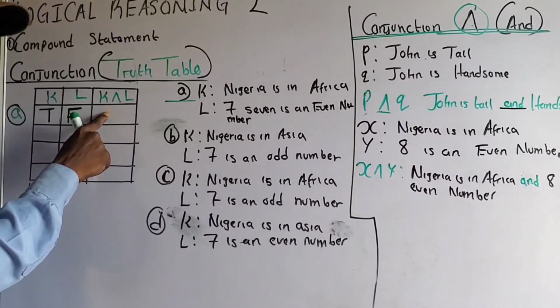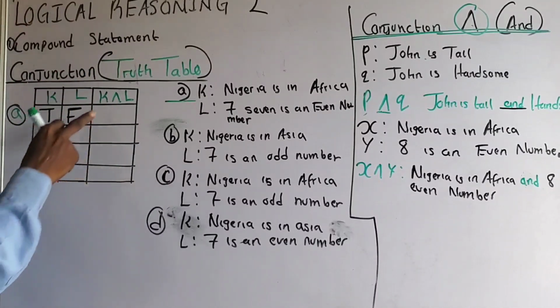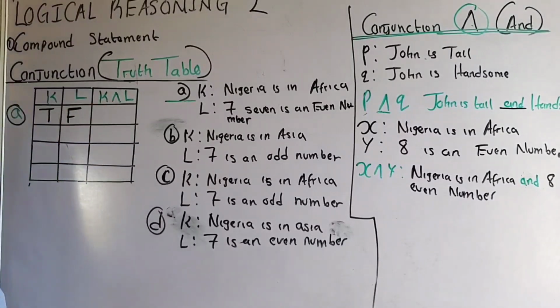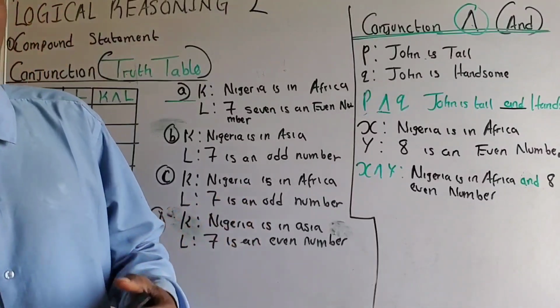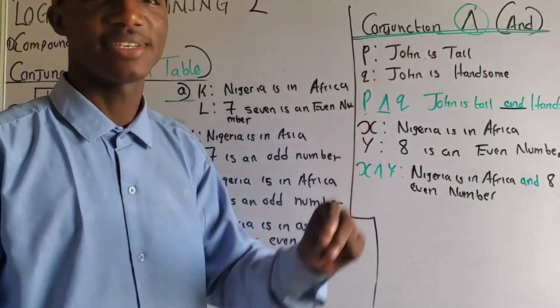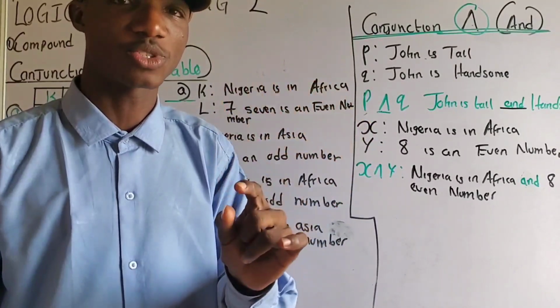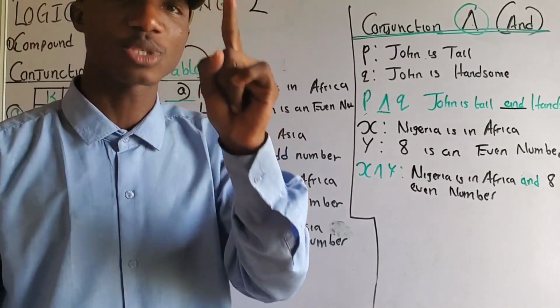Are we going to have true T in this place or false? That's what I want to explain to you. Now look, anytime you have simple statements combined together by the connective and, if the first part of the statement is true while the second part is false, the conclusion will be true. Because the first part is true.